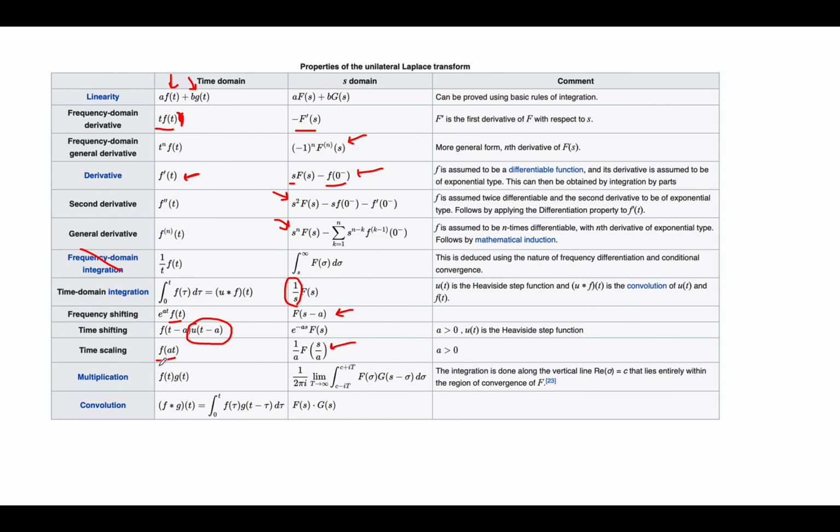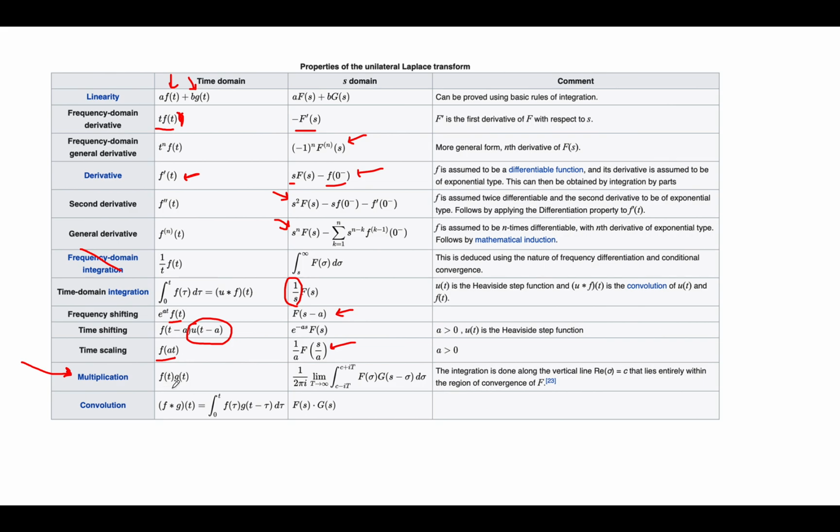Okay, I really want to draw your attention to this line right here on multiplication, because I can tell you from past experience that in my classes, probably a third of people miss this concept. So the transform of multiplication is not multiplication of the transforms.